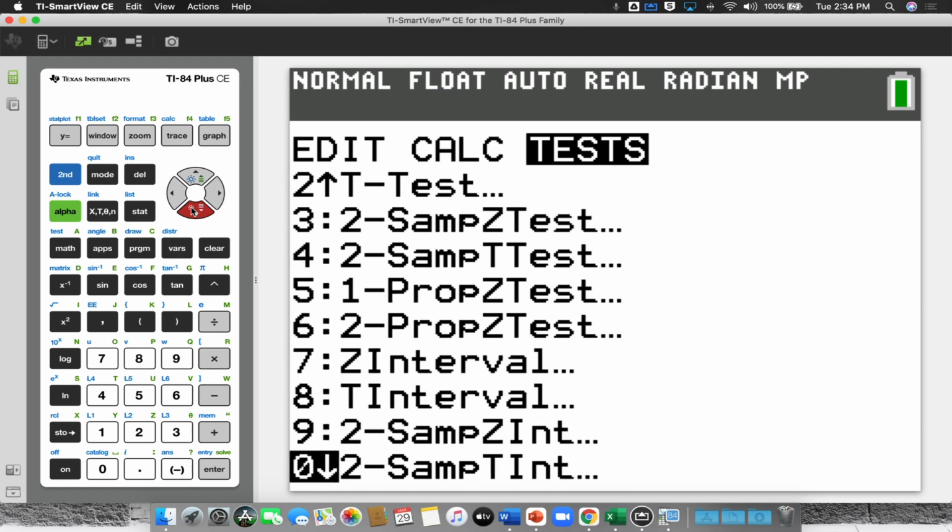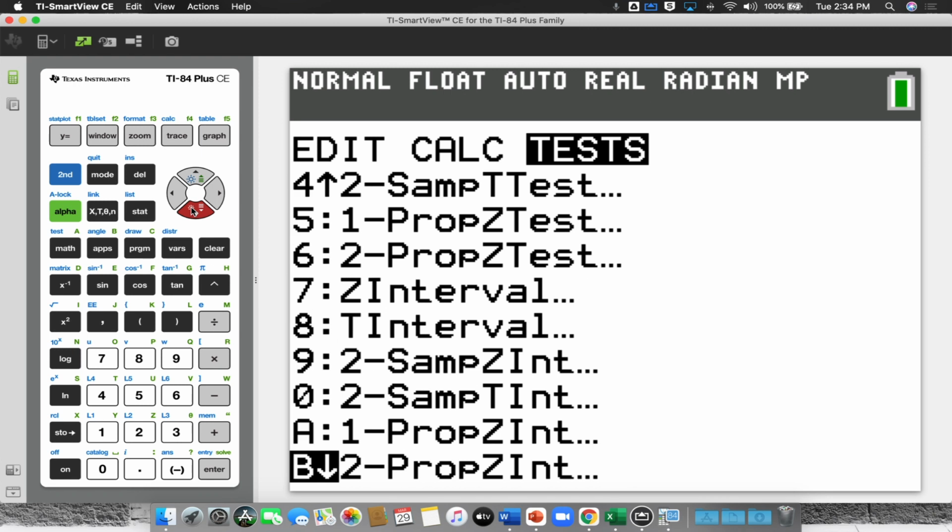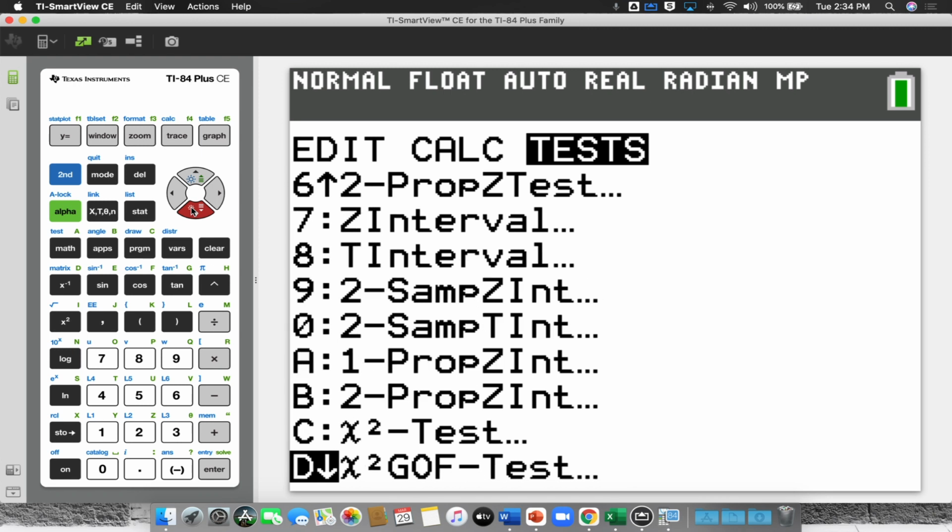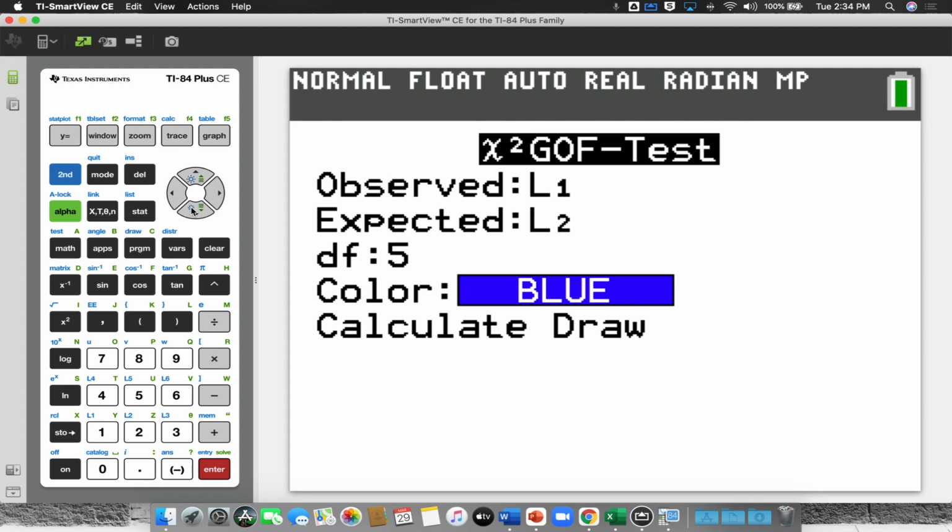There's two chi-square tests: one that says chi-square test, and one that says chi-square GOF test. What do you think GOF stands for? Goodness of fit. So we're going to use that one. Where's our observed? Where's our expected? How many degrees of freedom do we have?